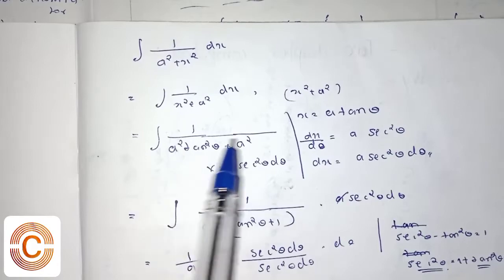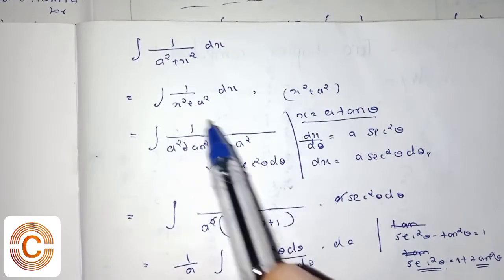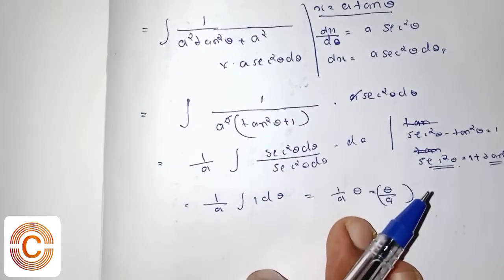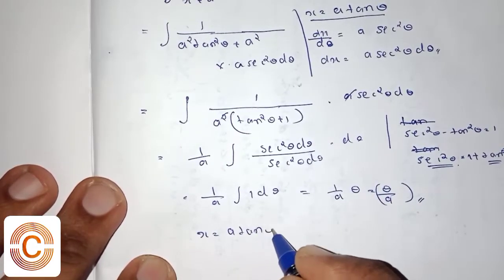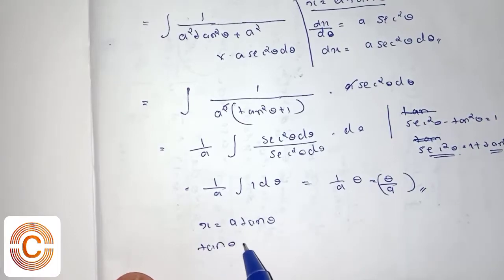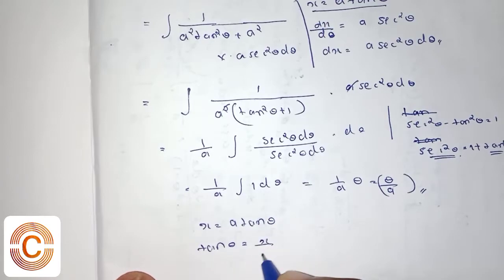Note here that we put x is equal to a tan theta, that is, one function is replaced by another function. So our substitution is x is equal to a tan theta, which means tan theta is equal to x divided by a, taking a from the RHS to the LHS.